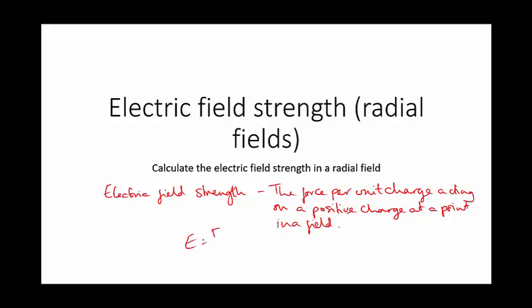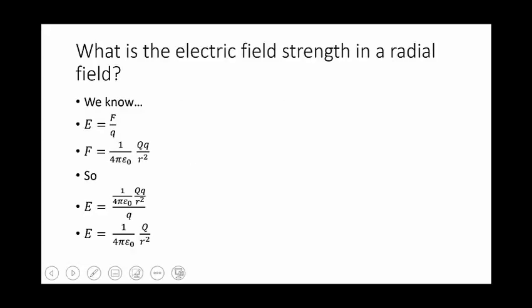And the equation for that was E equals F on Q. That should have been a Q. I wrote a D, it should have been a Q. Okay, but we've got it right on this slide. So we know that E equals F on Q.